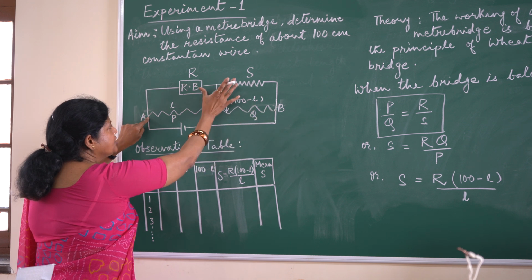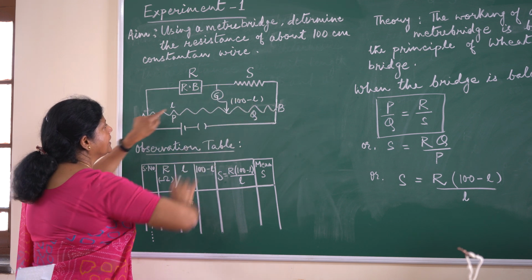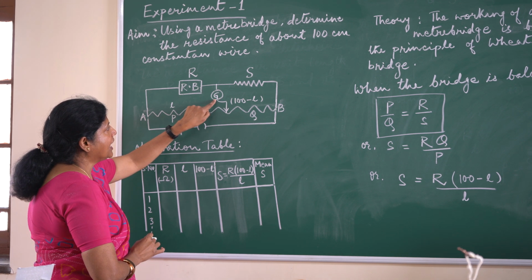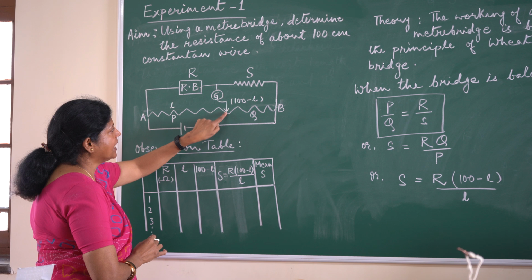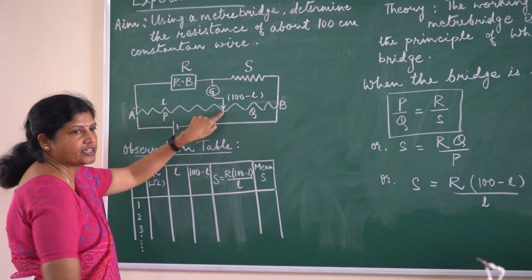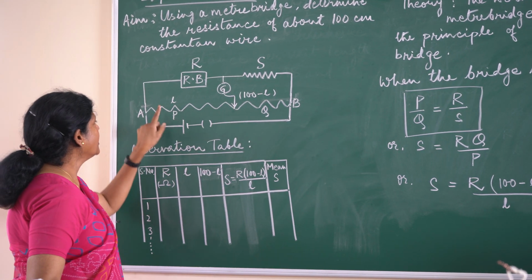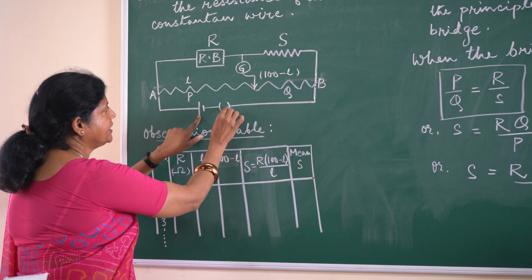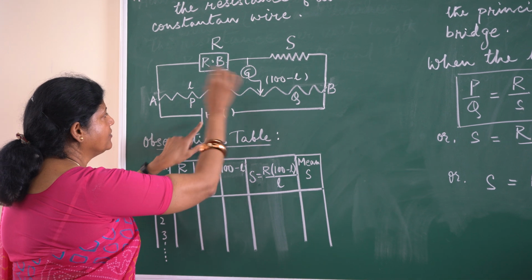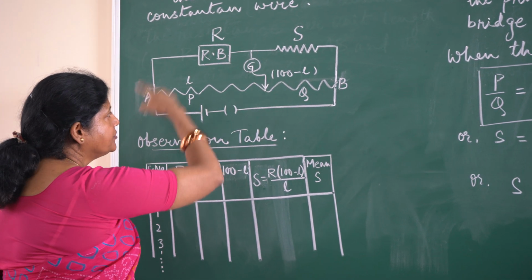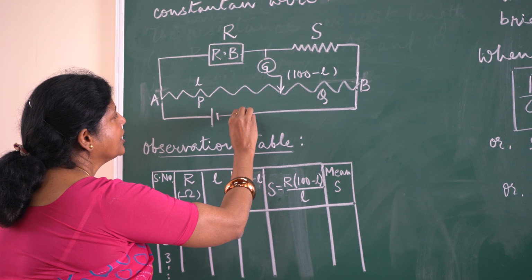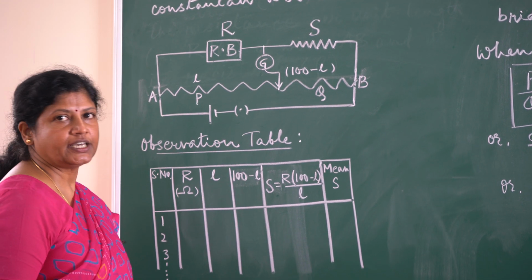Now between these two terminals, here we have joined one galvanometer. One end of the galvanometer is connected with jockey. Now see power supply with key. After joining the circuit, we plug a key.